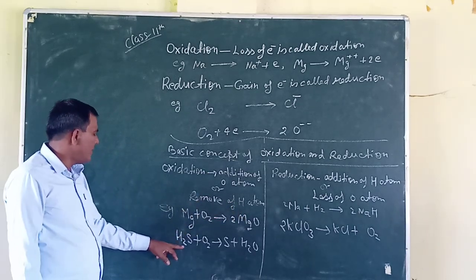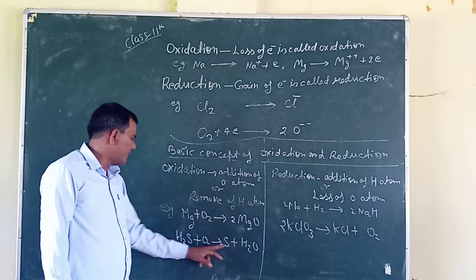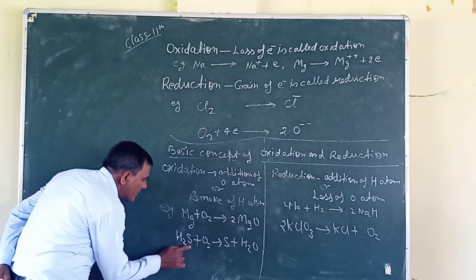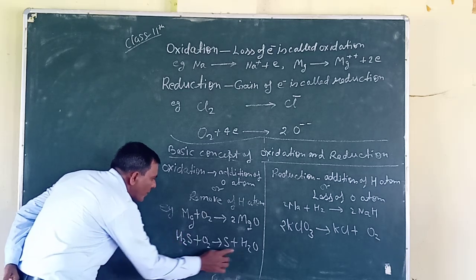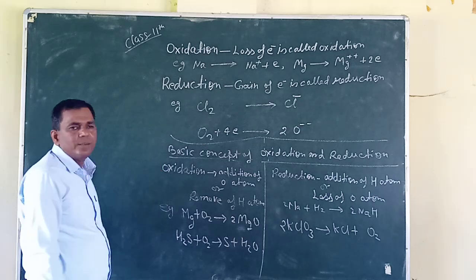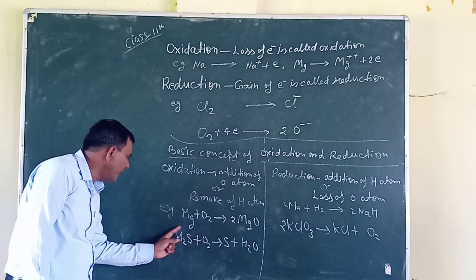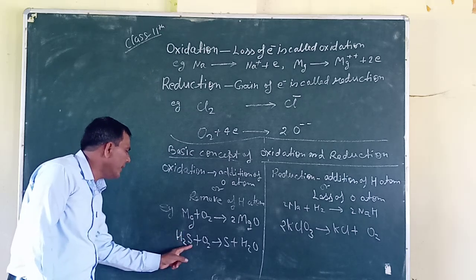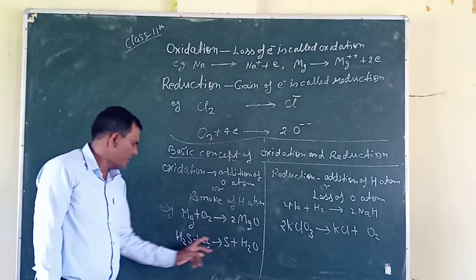For example, H2S plus oxygen. Here, in this compound, hydrogen is removed and we get water molecules. So in this process, hydrogen is removed and it is converted to sulfur.